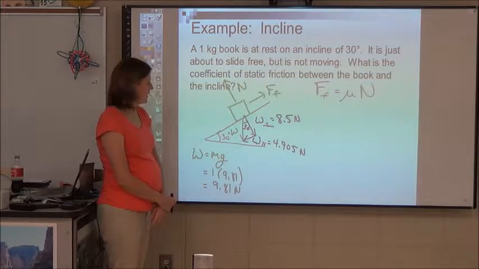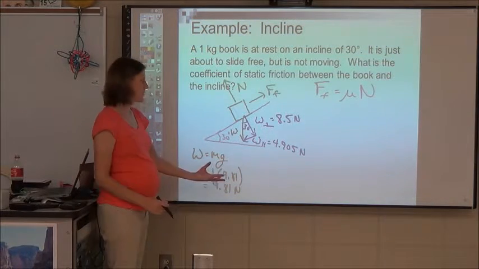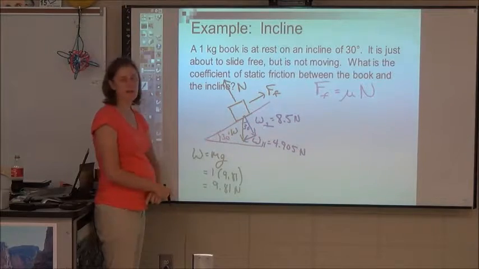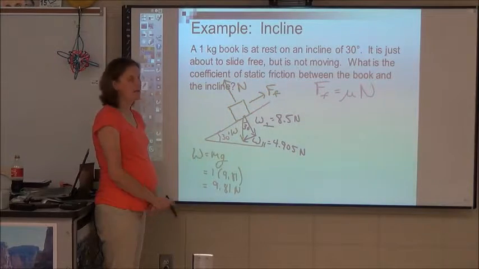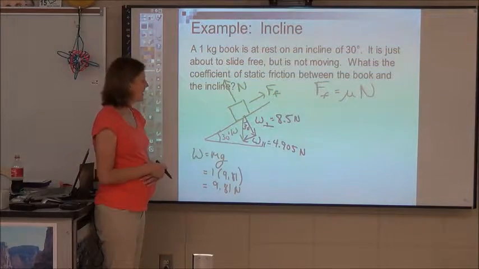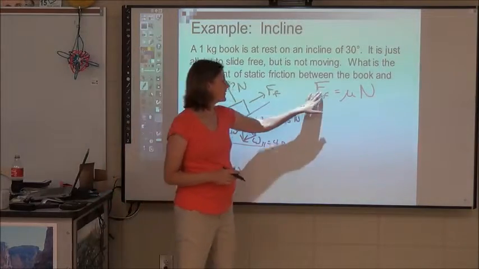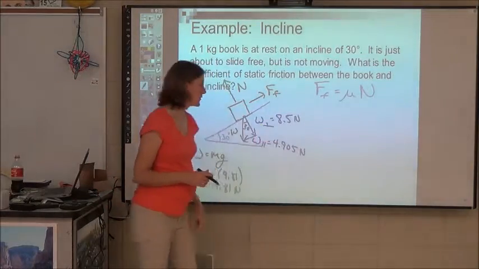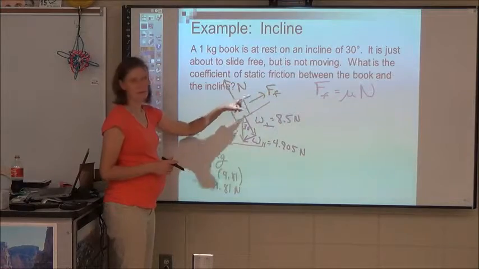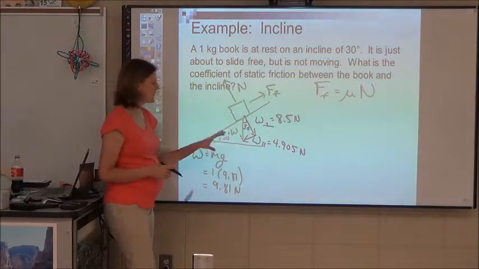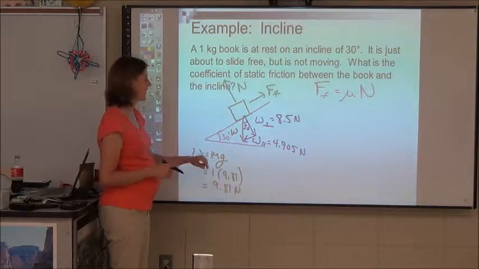Okay. So I pretty much put up the numbers I can get just based off of that given information. Now I need to look at my picture. I know that I want the force of friction. I know that I want the normal force. None of those are labeled right now, but I know how they relate to weight perpendicular, weight parallel.